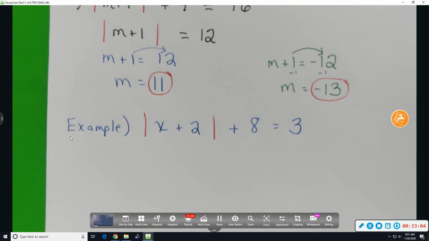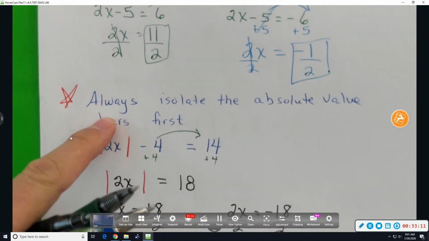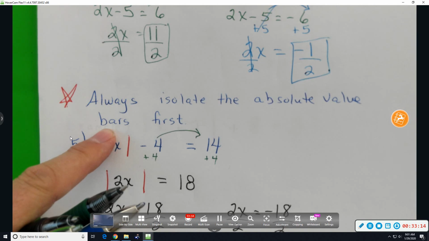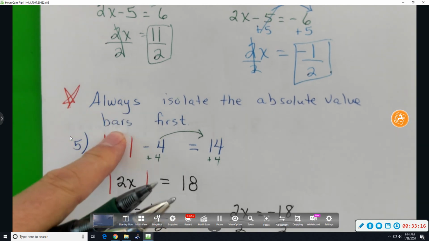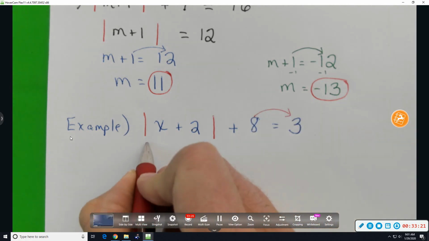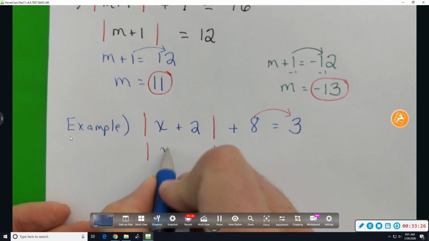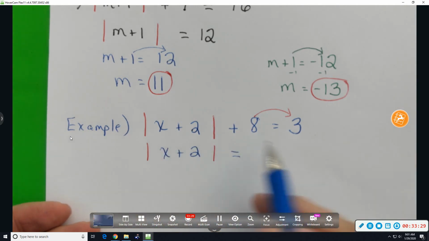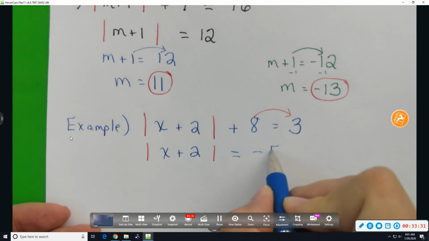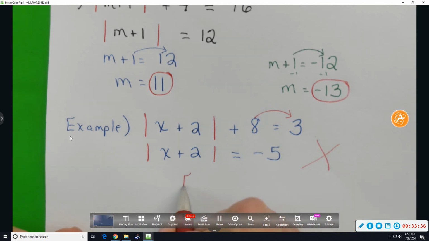But you've got to isolate those absolute value bars before you decide empty set. That should always be the first thing you do. When I move this 8 over, I'd have absolute value of x plus 2. Now, what number do I have on the right? Negative 5. We can stop right there and say no solution or empty set.